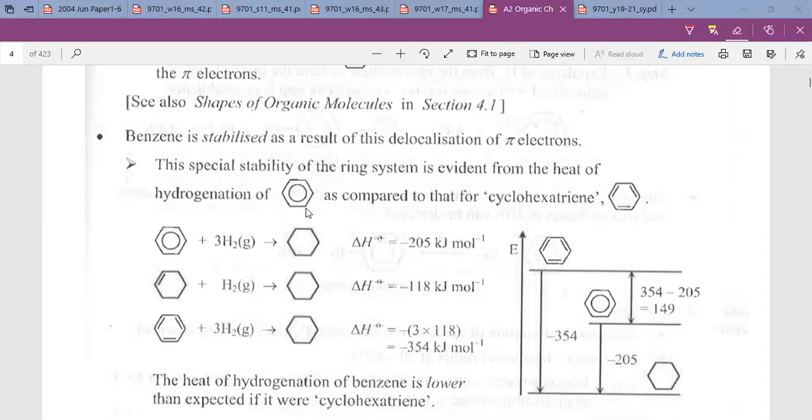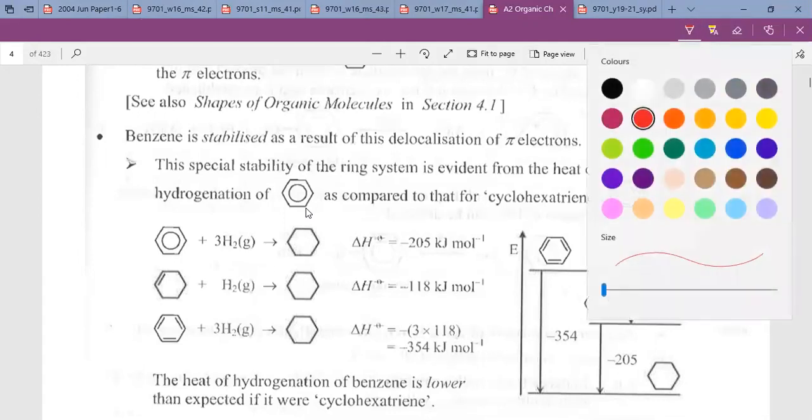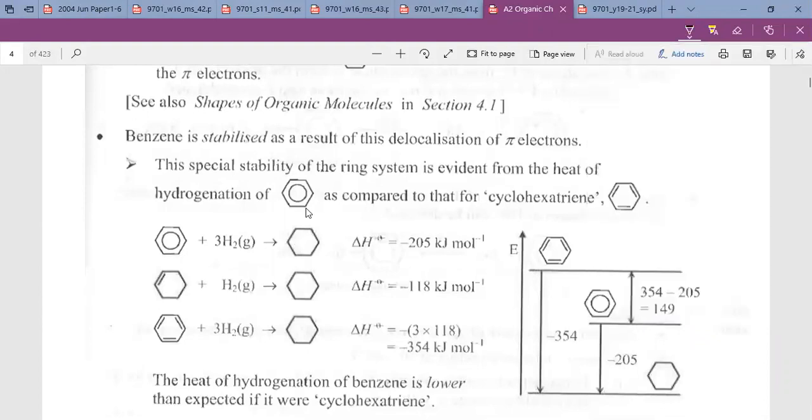Just to explain why, all this is called the delocalized structure, commonly referred to as Kekulé.